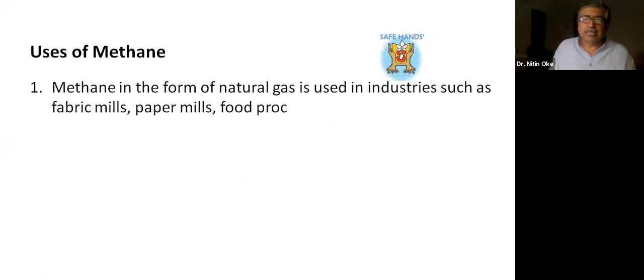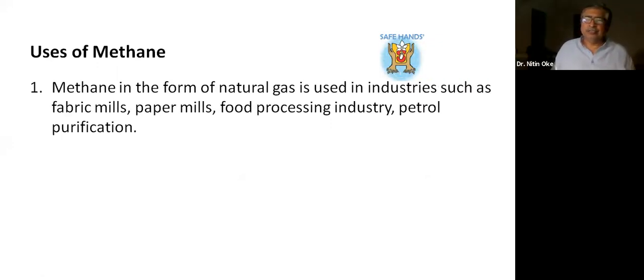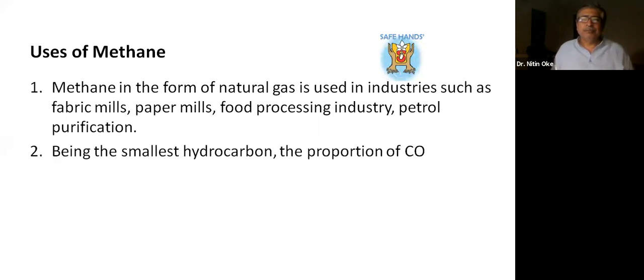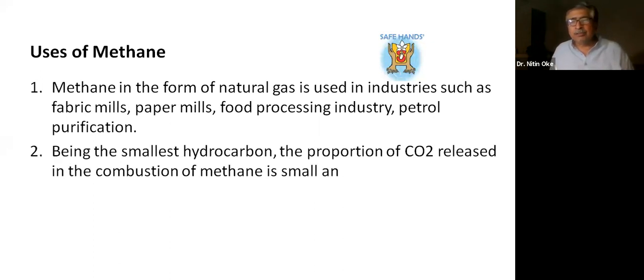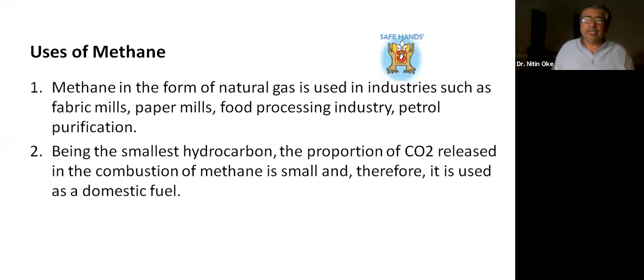Methane is from natural gas. It is used in industries such as fabric mills, paper mills, food processing industry, petrol purification. Being the smallest hydrocarbon, the proportion of carbon dioxide released in the combustion of methane is small. And that's why it is used as a domestic fuel.